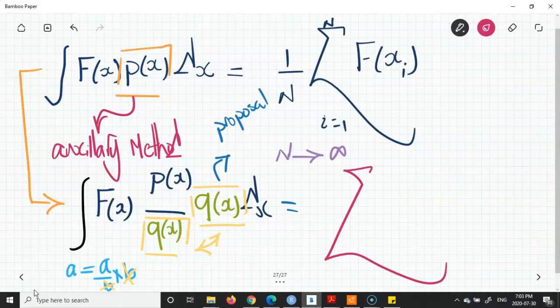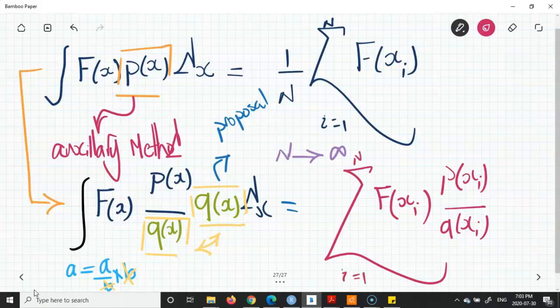As a result, we evaluate f(x_i) times p(x_i) divided by q(x_i), summed over i from 1 to n, divided by n. That's what we did.